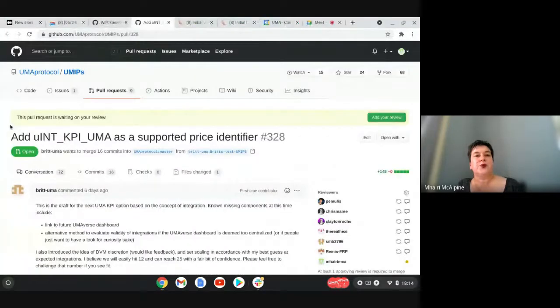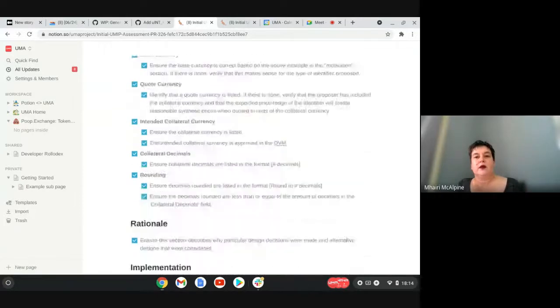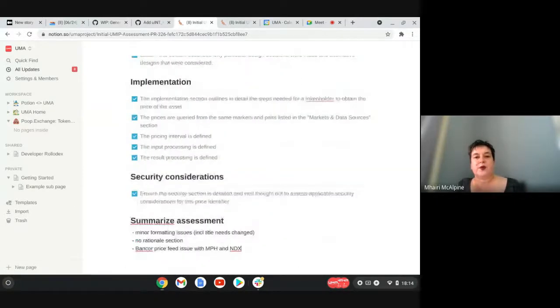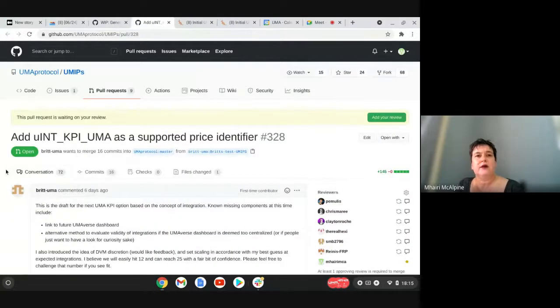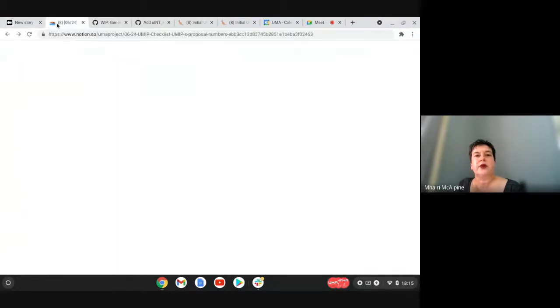Okay, so this was the omnibus one. 326. There was quite a few formatting issues with it. They're all pretty minor, but it does just generally need tidied up.